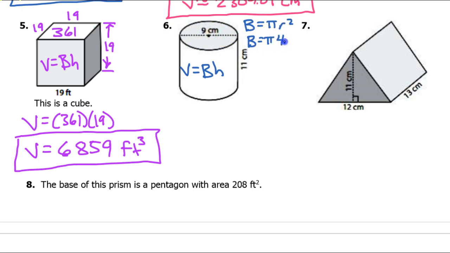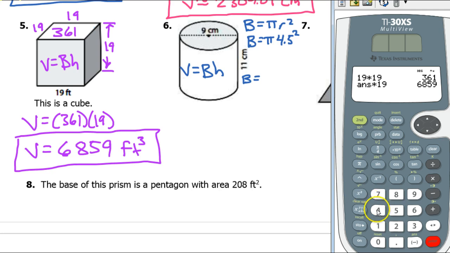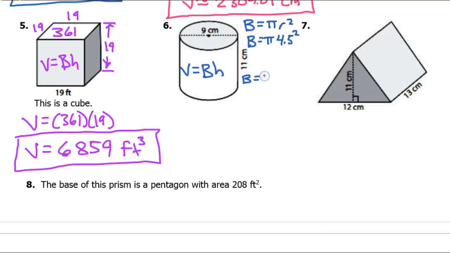So it'll be 4.5 squared. Okay, so 4.5 squared, that's 20.25. So I'm going to have 20.25 pi. So this is B. So this is going to go in right here.